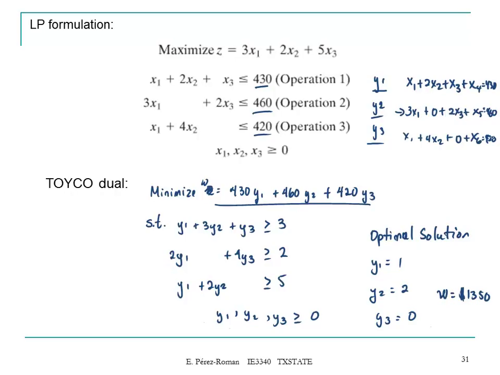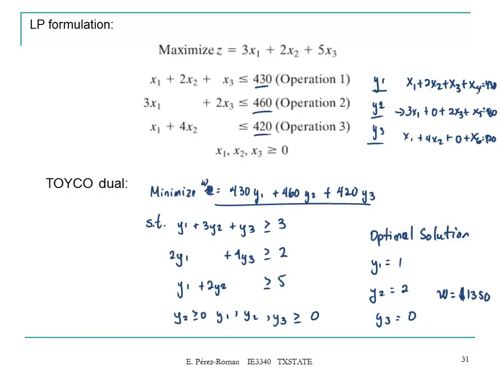At the end you will see how that will become y3 greater or equal to 2, because this x3 now will become an extra constraint. So it will be y2 greater or equal to 0.